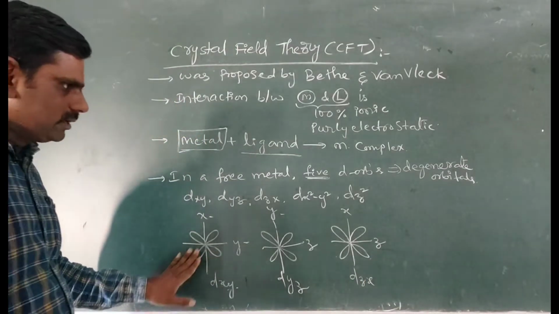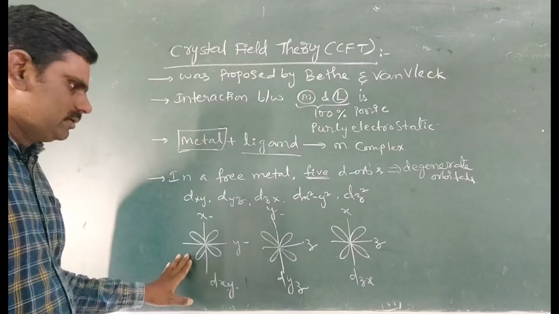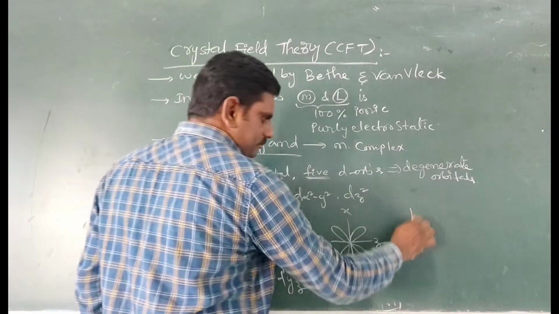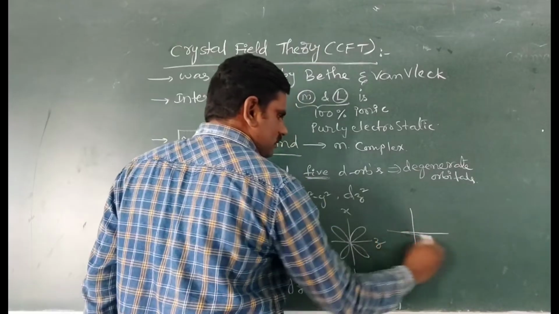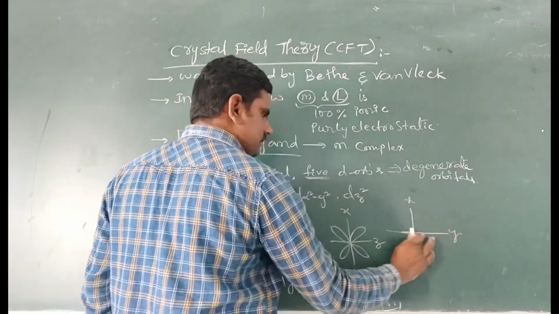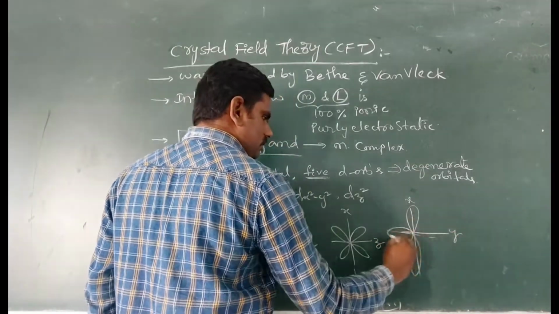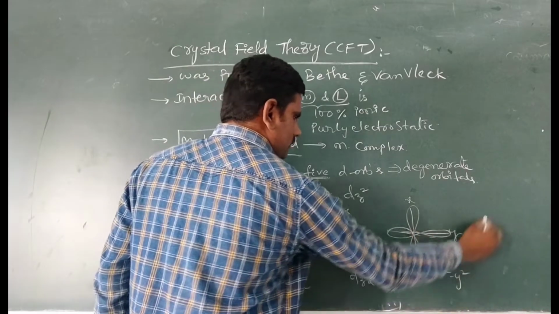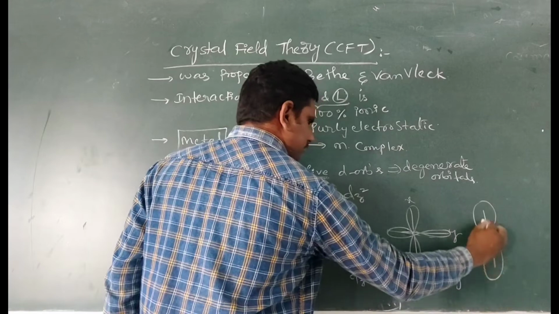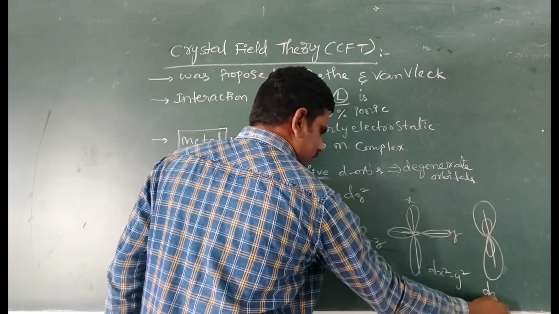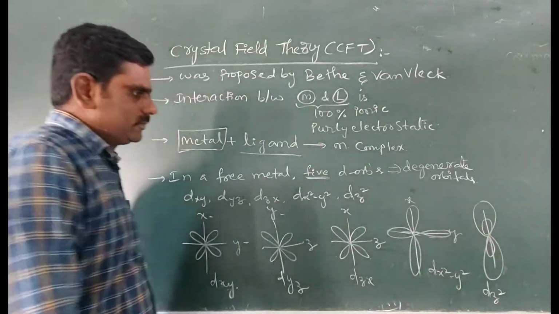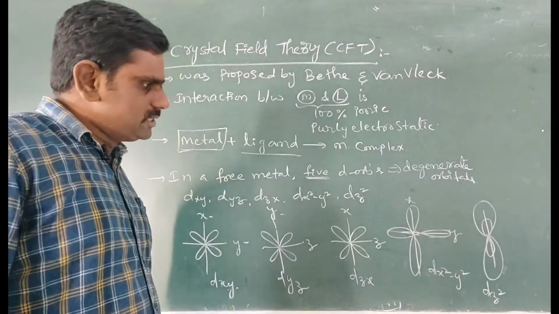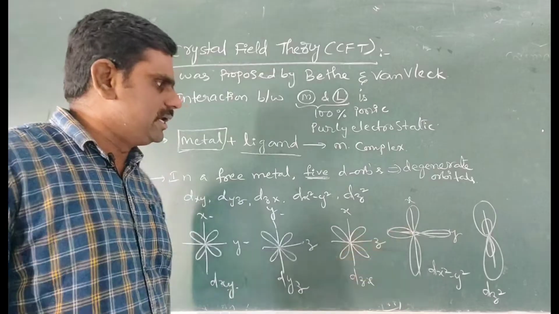These three are lying in between the axes, and the remaining two are lying along the axes: dx square minus y square and dz square. These two orbitals are lying along the axis.